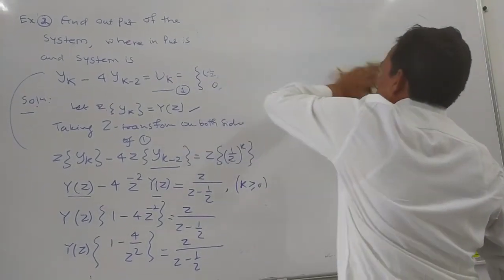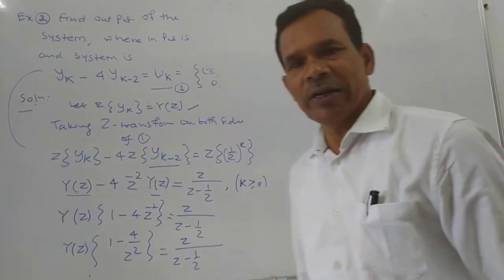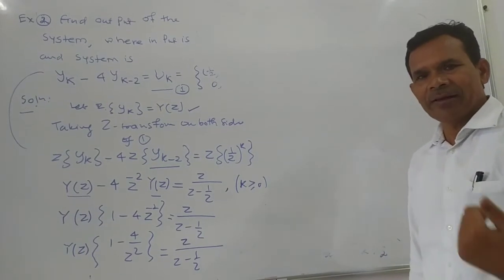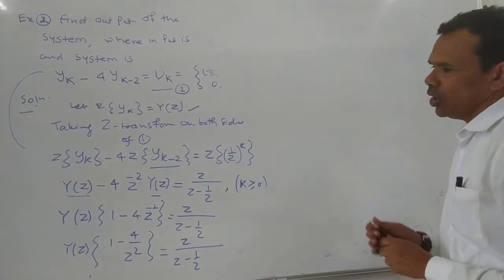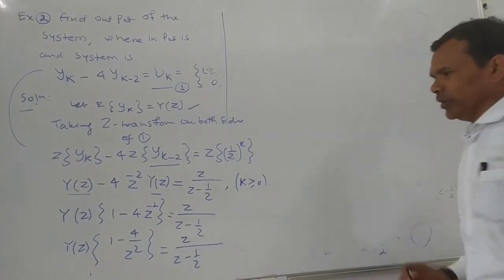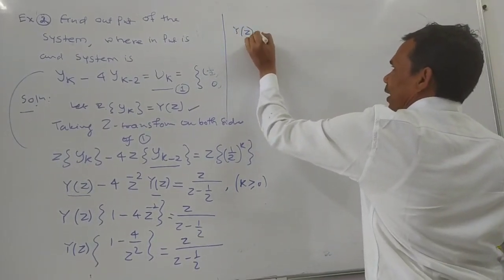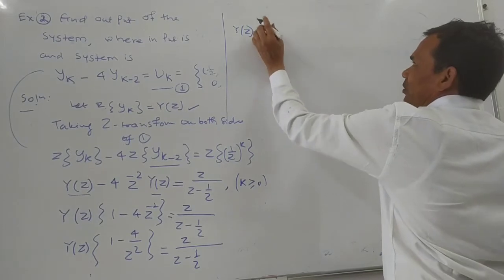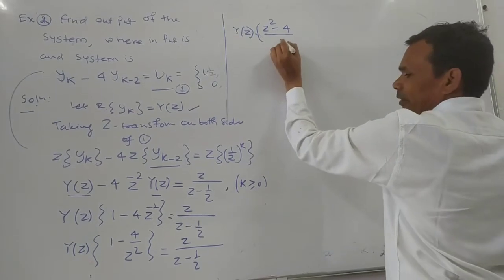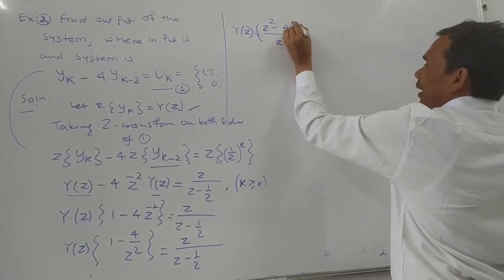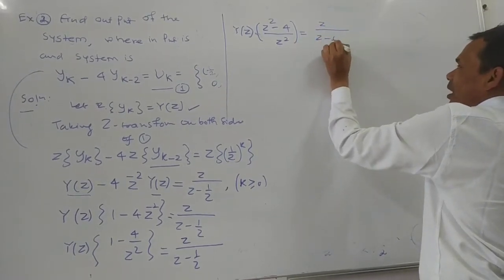Normally, in solving a difference equation, we take the z transform, then use the initial conditions and the formula, and finally take the inverse z transform in order to get the output or the corresponding sequence. Now I simplify this. y of z times z square minus 4, if I take the LCM, divided by z square, is equal to z upon z minus half.